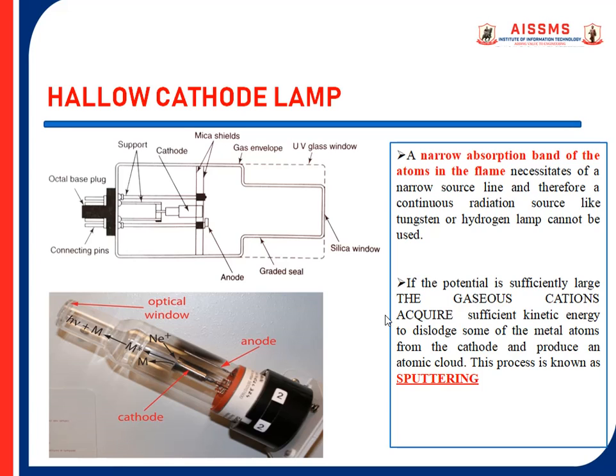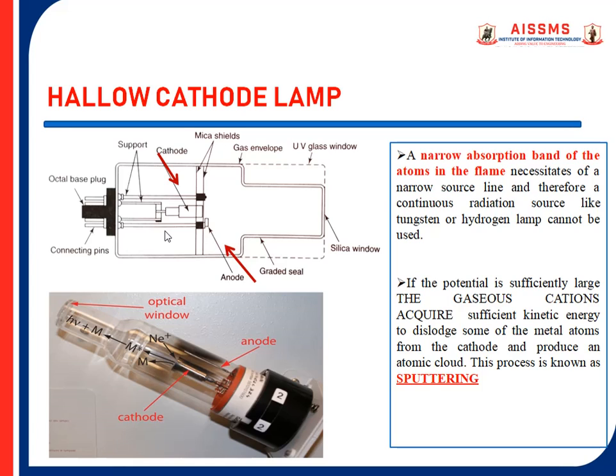First component is the hollow cathode lamp. This is the construction of the hollow cathode lamp and it is the actual picture of the hollow cathode lamp. When a current flows between the anode and cathode in this lamp, metal atoms are sputtered from the cathode cup and collisions occur with the filler gas.